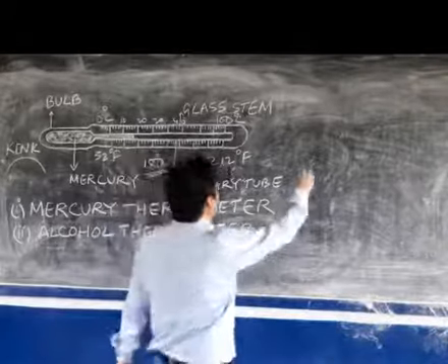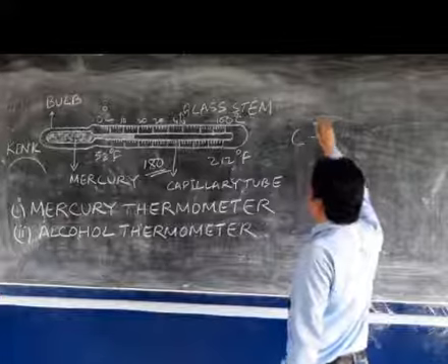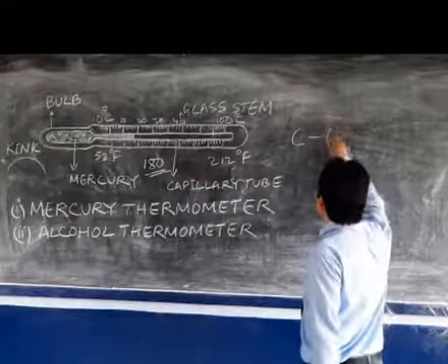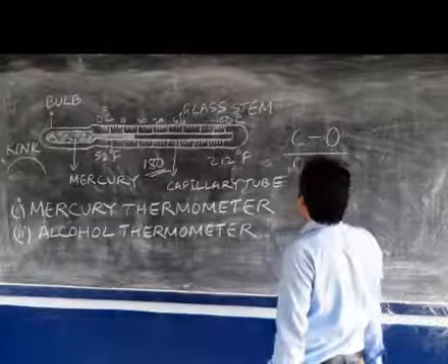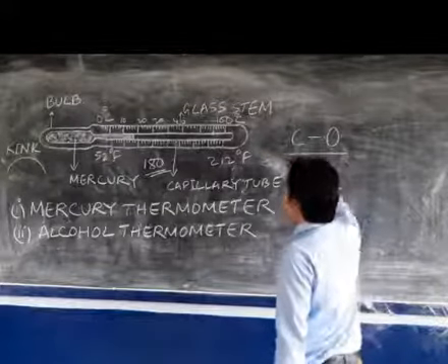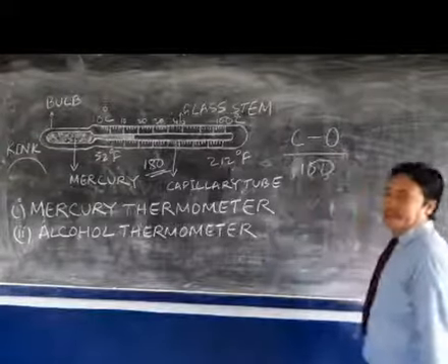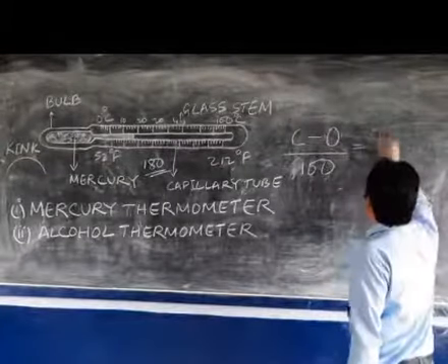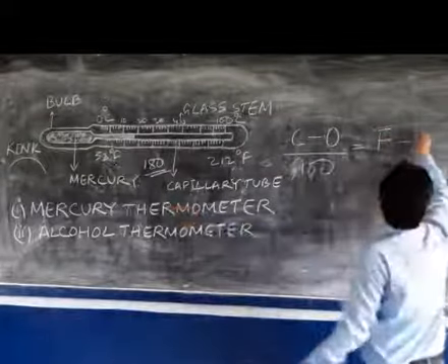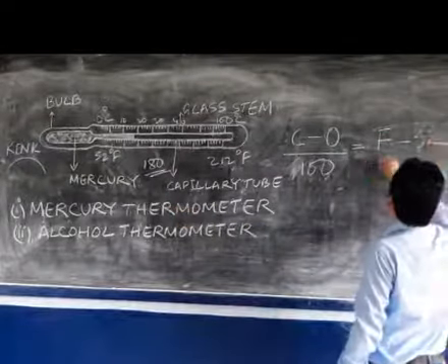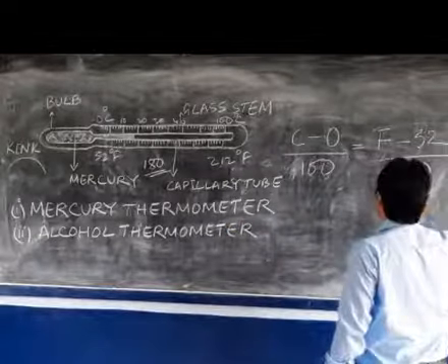Let us consider C is the Celsius scale minus, what is the lower fixed point in the Celsius scale? 0 degree Celsius, divided by how many parts is the Celsius scale divided? 100 equal parts, equals to Fahrenheit F minus, what is the lowest point in the Fahrenheit scale? 32 degree Fahrenheit, divided by how many parts? 180 equal parts.